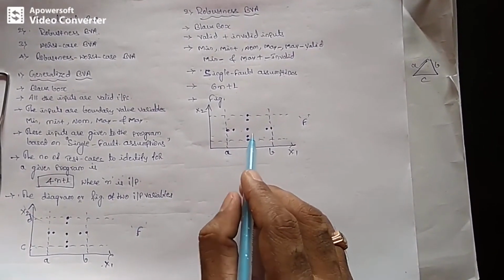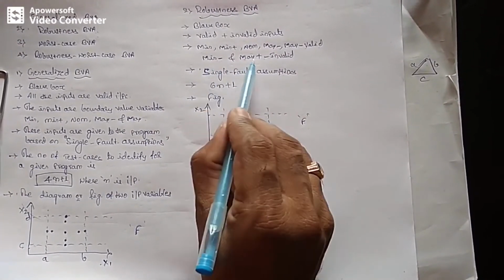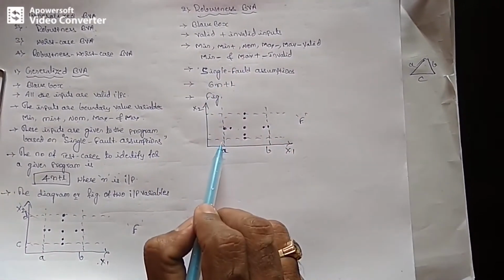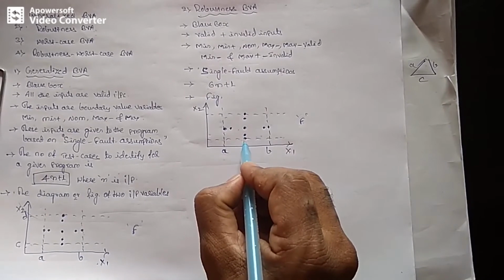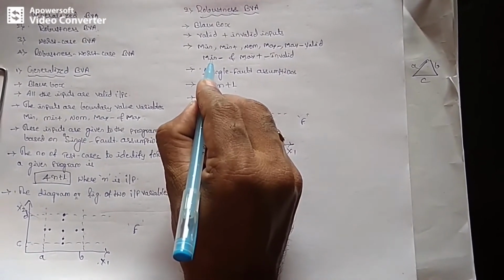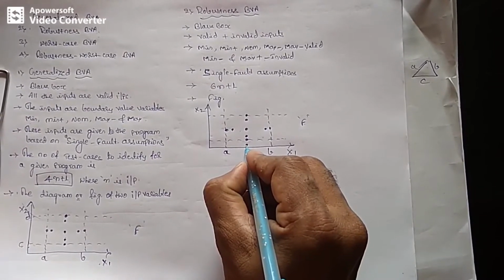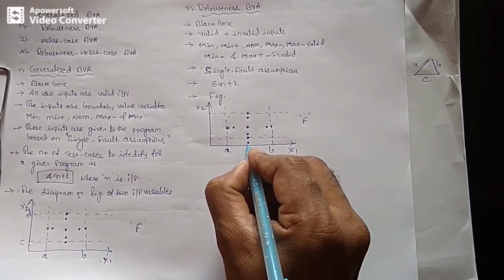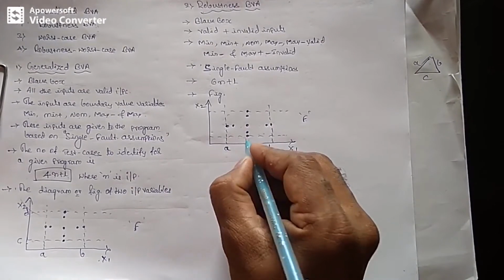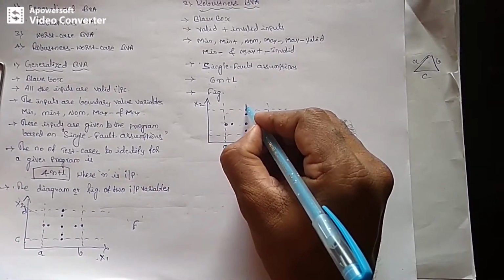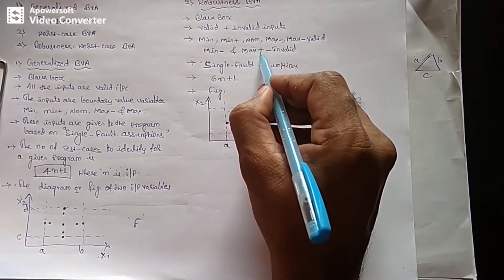The major change is that I need to include 2 more invalid input variables in this diagram. Now you can see this is the minimum, so I need to make it a minimum minus. To identify the minimum minus, I will put 1 extra dot. This indicates minimum minus. Now if I put 1 more dot over here, this will become maximum plus.